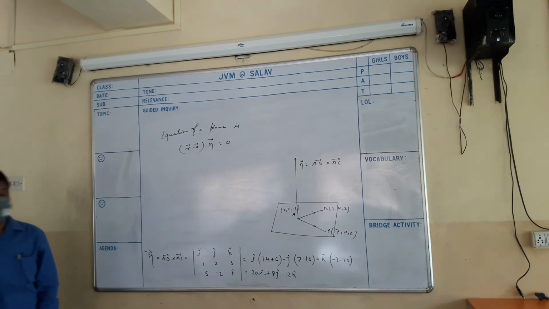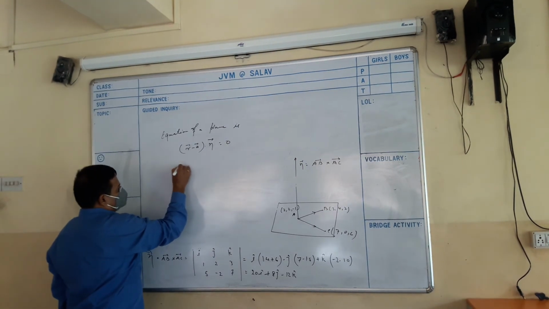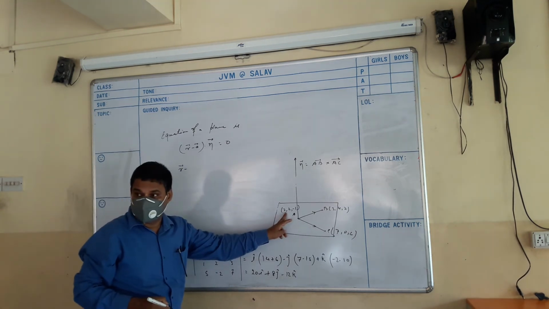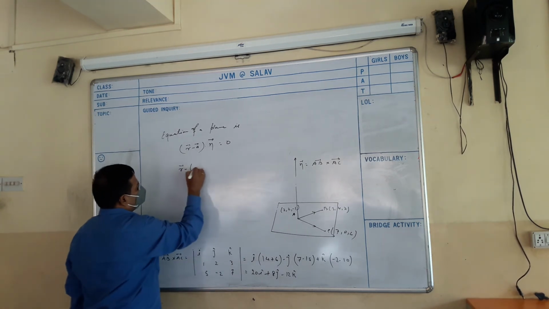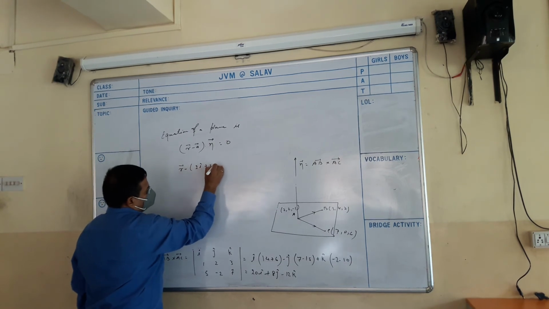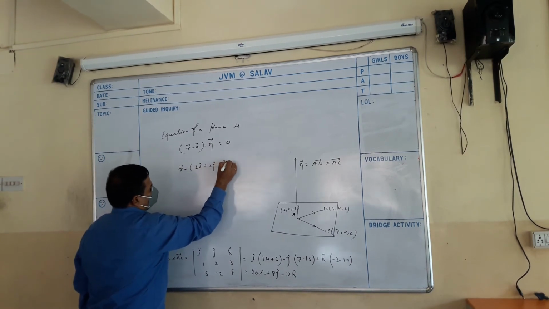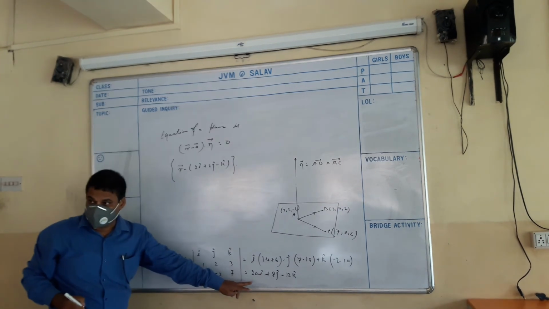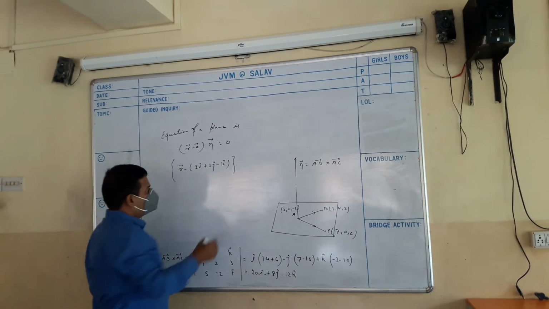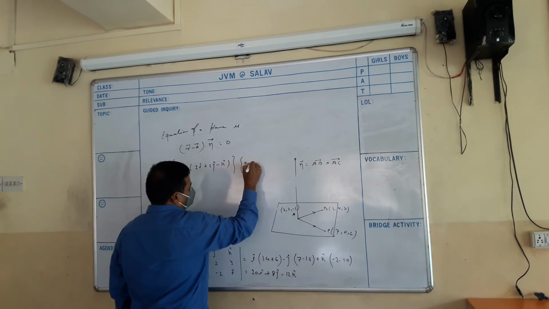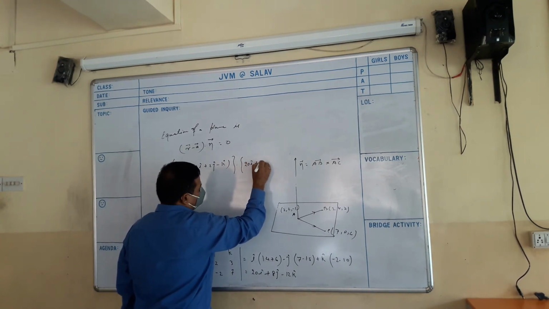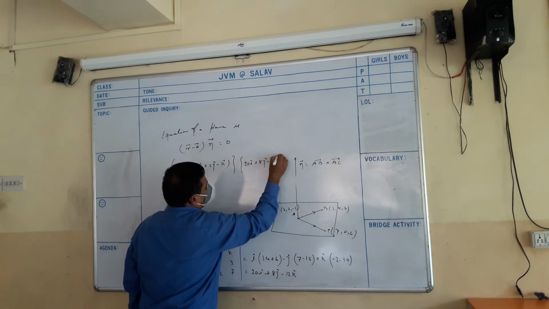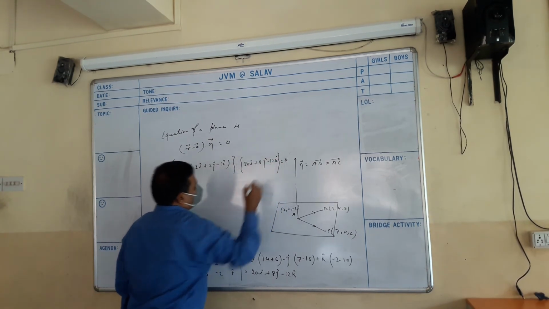Clear? What is vector A? Vector A is 2i plus 2j minus k, dot normal vector N, which is 20i plus 8j minus 12k, equal to 0.